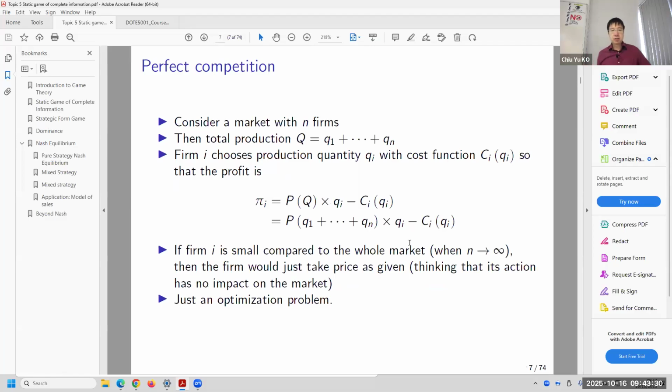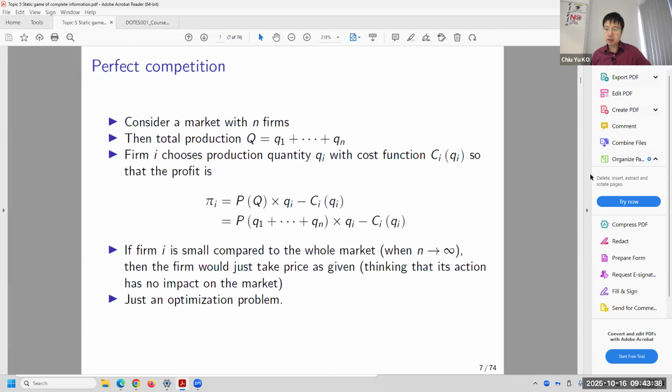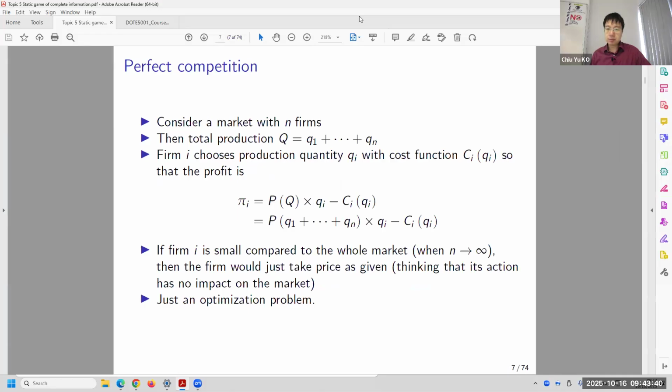Okay. So if you have perfect competition, you have n firms, and you do see that the total production big Q depends on each firm's output, and each firm's output depends on its own production, but also on the total.